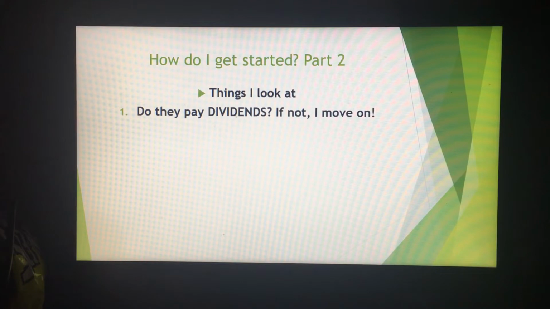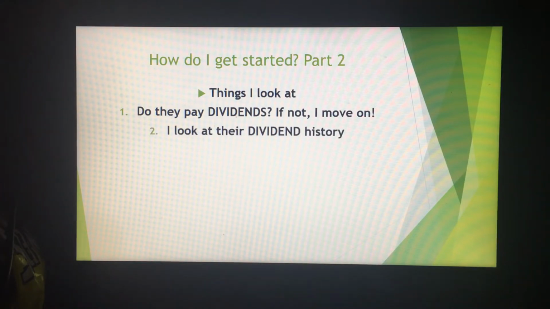This, I do not plan to lose money. I always plan to make money as an owner of the company, a good company that is profitable and shares their profit with their owners. I look at their dividend history. You can go on Seeking Alpha and literally look at the dividend history of any company that pays a dividend.